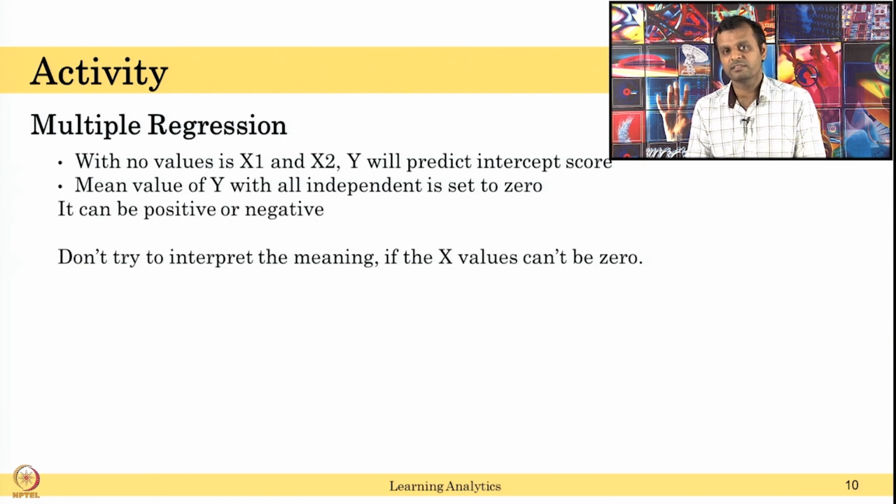That is a minimum wage, anyone can get it even if you do not work, and that can be an intercept. But do not try to interpret the meaning of this intercept, that is the idea. If the x values cannot be 0, like midsems and items cannot be 0, then do not even try to interpret. So, in educational settings, do not try to do that.